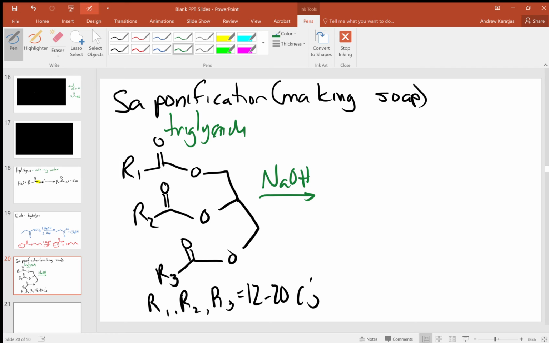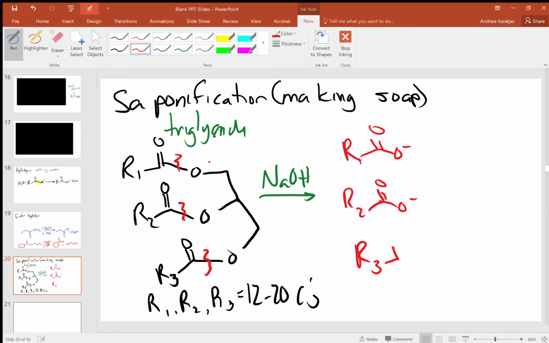And so if you take a triglyceride and add sodium hydroxide to it, you can actually cleave all 3 of these bonds. And then you also get this triol as a byproduct.